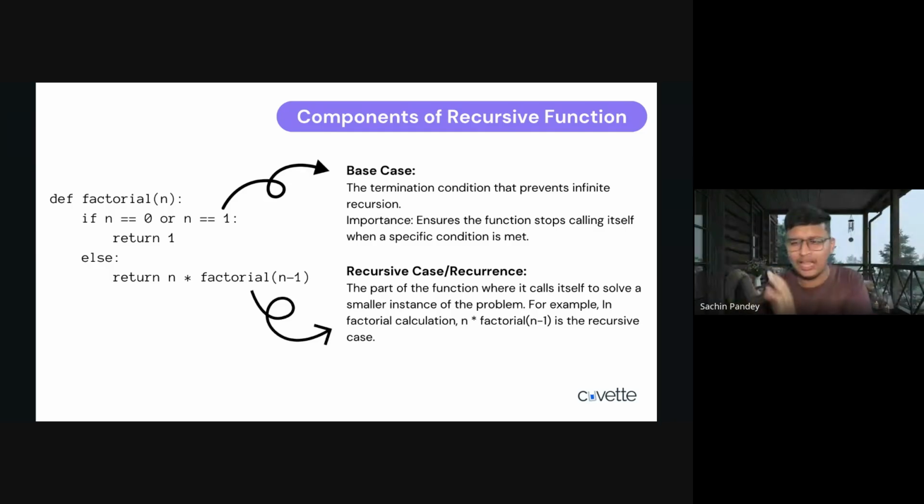It cannot be negative, so it is the smallest and valid value. Whatever parameter or arguments you are passing, look for the smallest and valid value. That will be your base case.